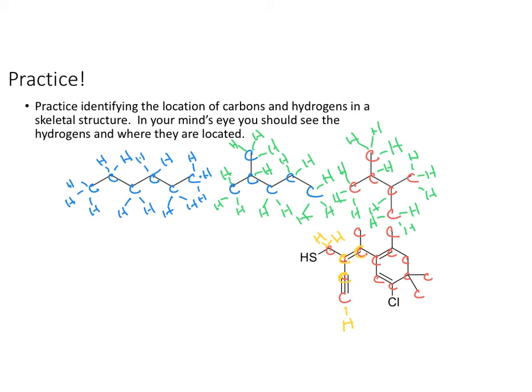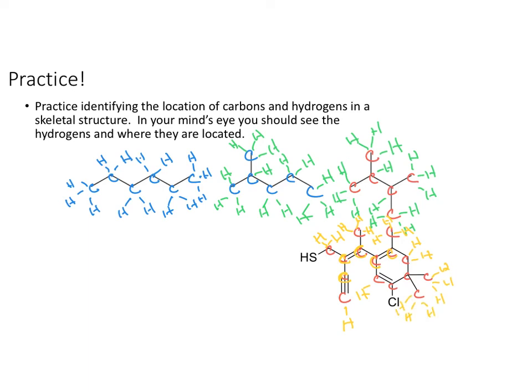This carbon won't have any hydrogens because it already has 4 bonds. This carbon will need 3 hydrogens, as will this carbon. I know this is getting a little crowded. These two carbons don't need hydrogens, they're good. This carbon needs 2, this needs 1, and then these need 3.